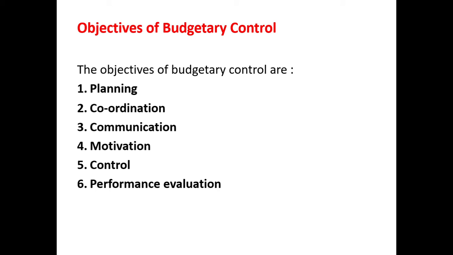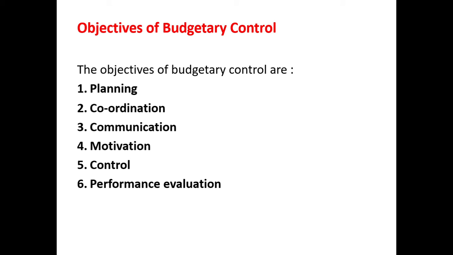For this purpose, a comparison is made between the standard plans and actual performance. If there is any difference between plans and actual performance, that should be reported to the management for the purpose of taking corrective action.